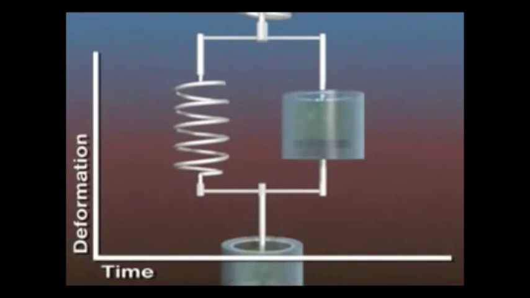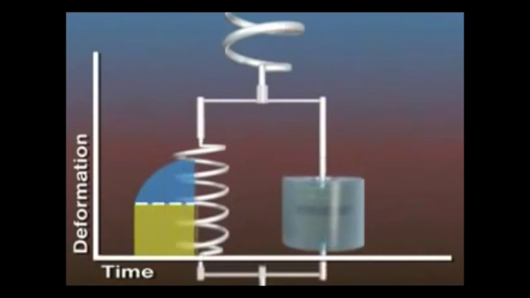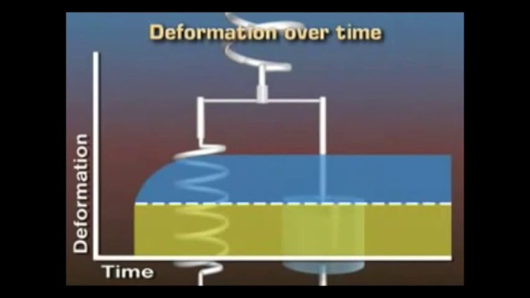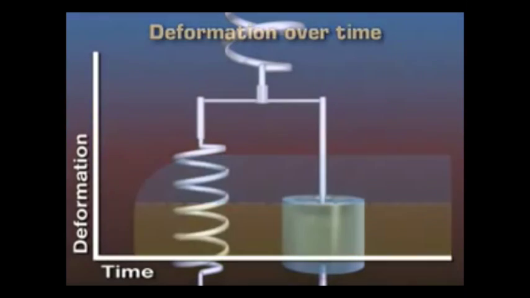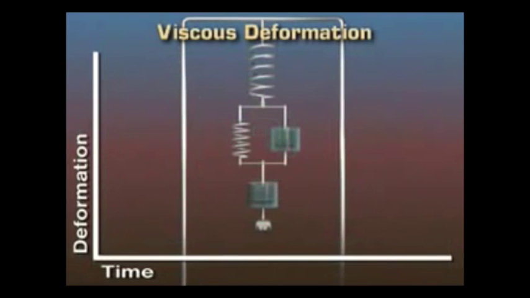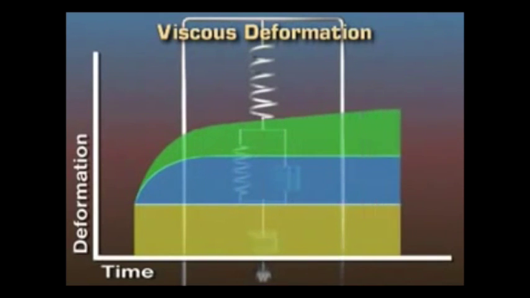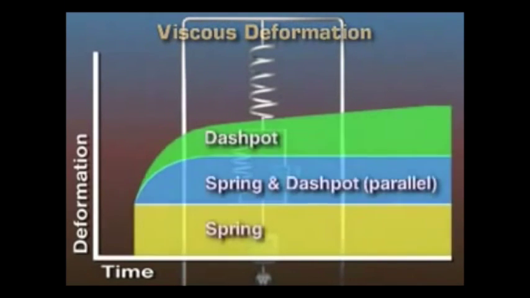The second component, with the spring and dashpot in parallel, produces a deformation over time. The viscous deformation of the third component is added to the second component. This results in a model of the behavior of the loaded system over time.